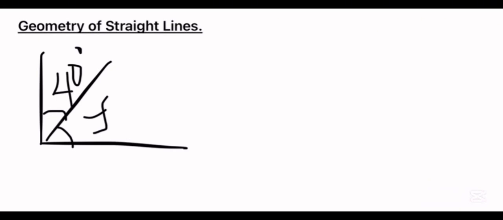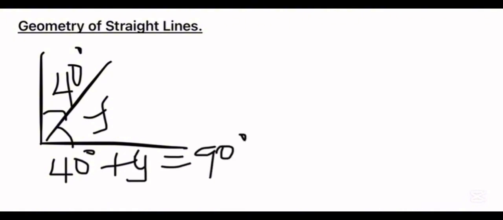Then we would say 40 degrees plus Y is equal to 90 degrees. Our reason being that they are complementary angles. Then Y is equal to 90 degrees minus 40 degrees, which would give us 50 degrees. Easy, right?